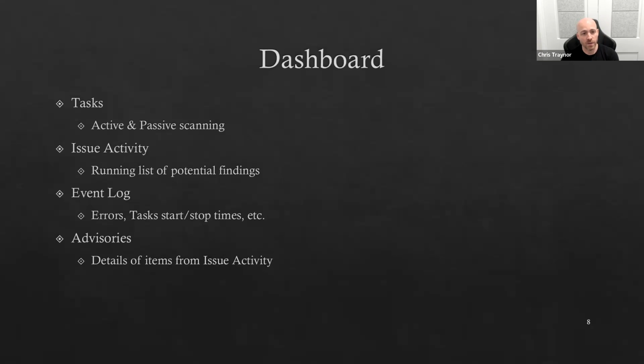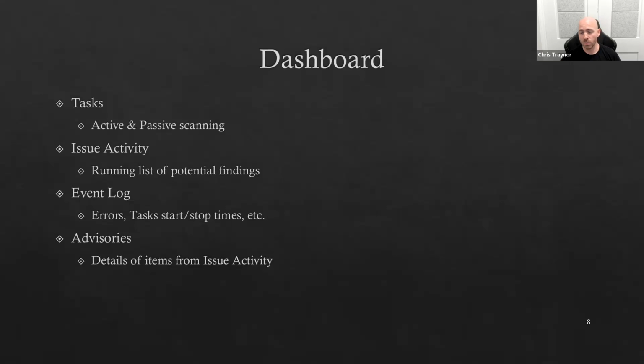There's a dashboard center for the tool. Largely, honestly, I ignore the dashboard, but it does have your tasks that you're performing, so active and passive scanning, some issue activity, which is just a running list of potential vulnerabilities that it has discovered in its interception activities.